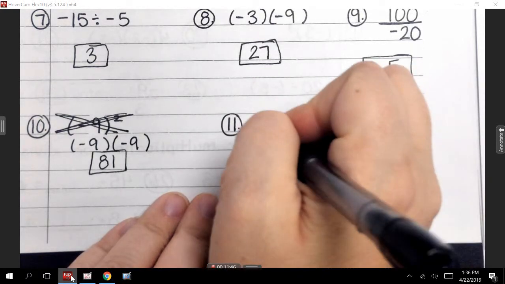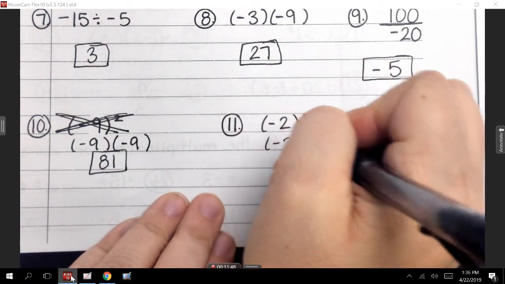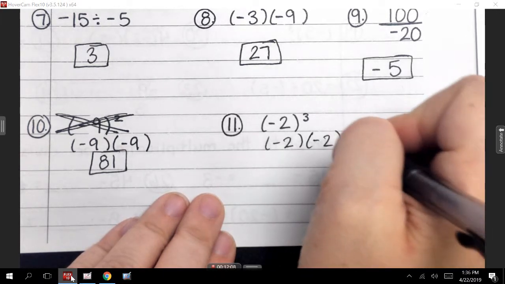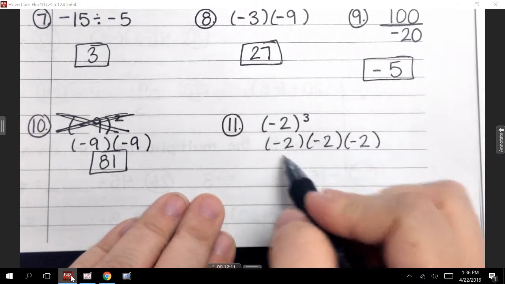Negative 2 times negative 2 again. And negative 2 again. There we go. Because it says to the third, so we need 3 of them.